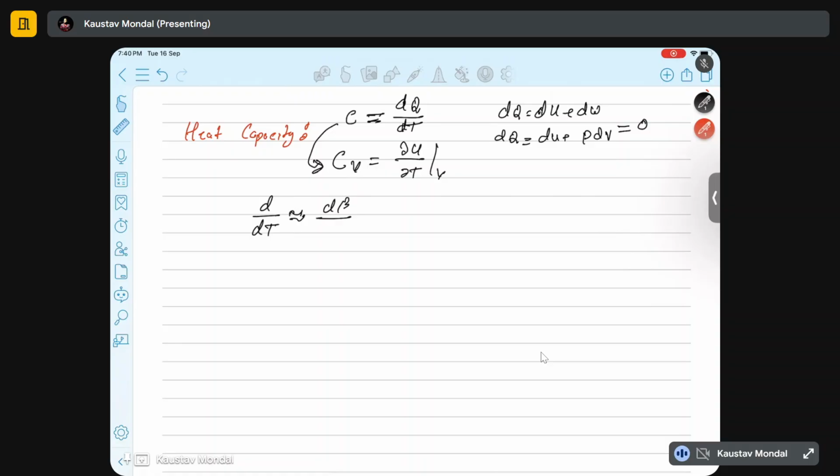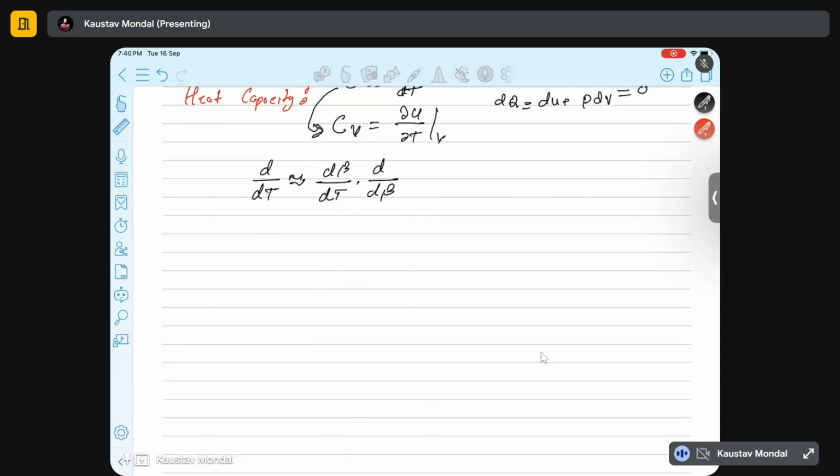Del beta del T, with beta equal to 1 by k_B T, is minus 1 by k_B T squared. So it becomes minus 1 by k_B T squared into d by d beta.